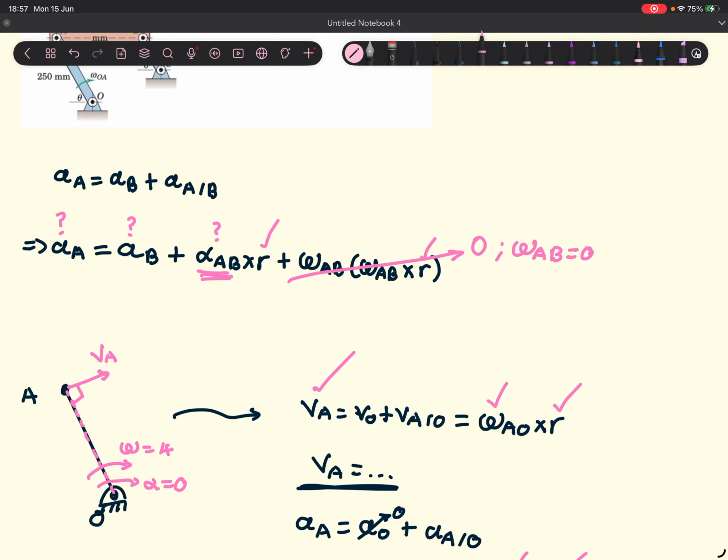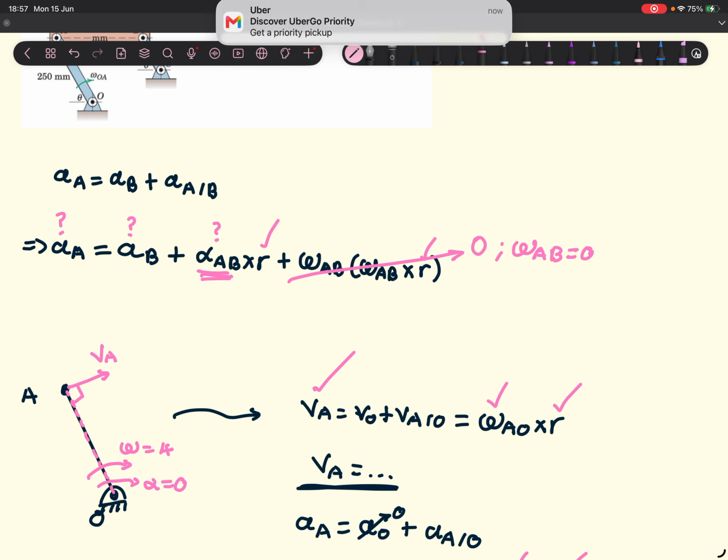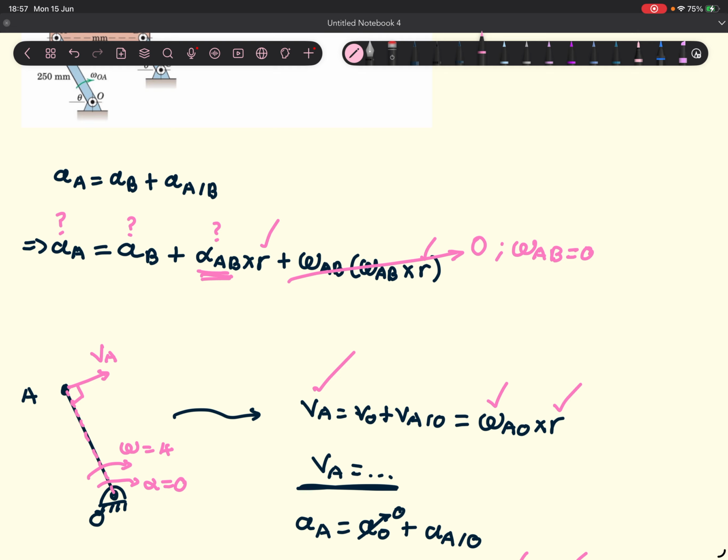Then we only have 2 terms, well, 3 sort of. We've now solved for acceleration of A. We're just left with the acceleration of point B and then the angular acceleration which we're trying to solve for.